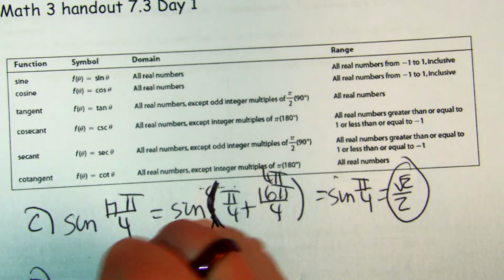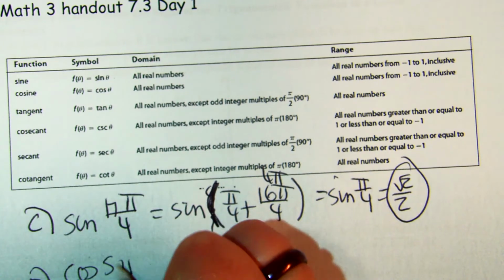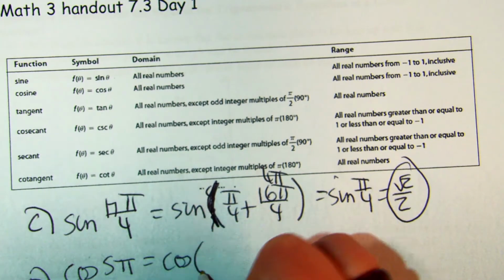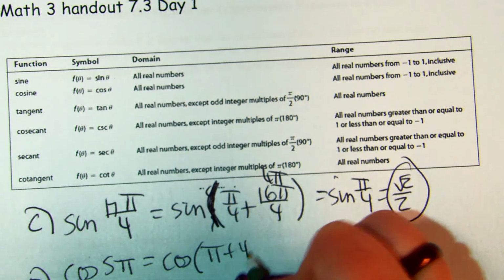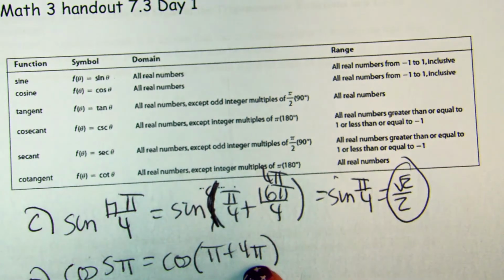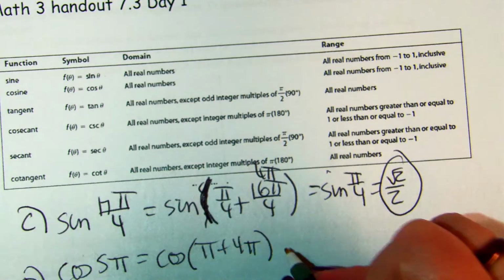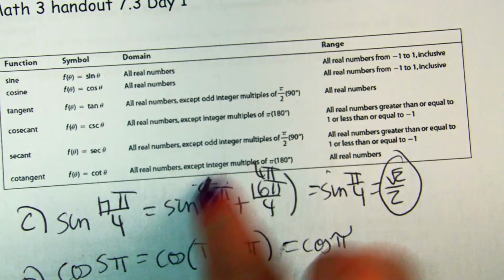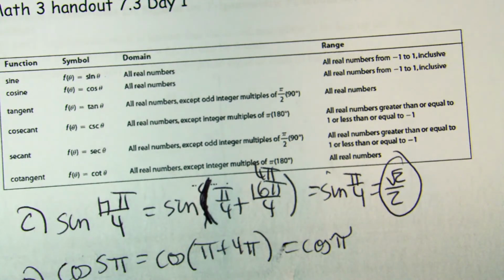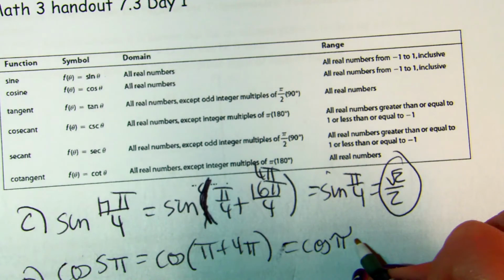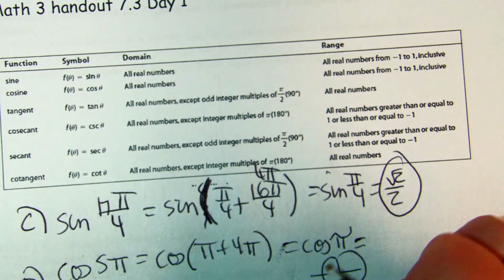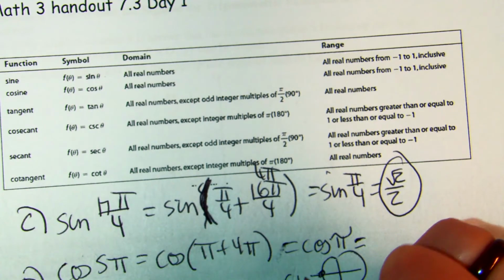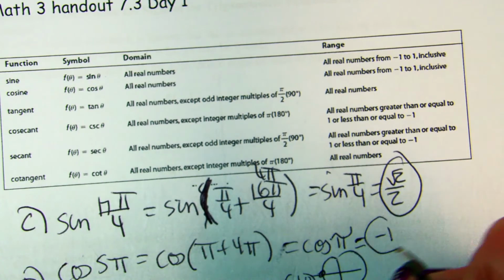D. Cosine of 5 pi equals cosine of pi plus 4 pi. You can subtract 4 pi away from 5 pi and get 1 pi. So it always has to be multiples of 2 pi for cosine and sine, and multiples of pi for tangent and cotangent. Cosine is right here, -1, 0, so it's -1.